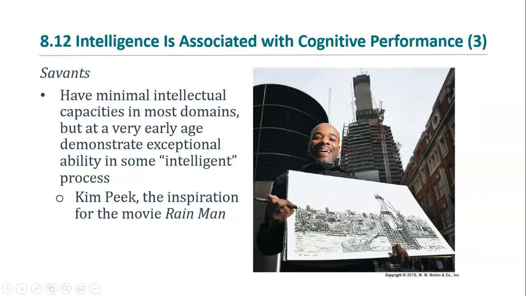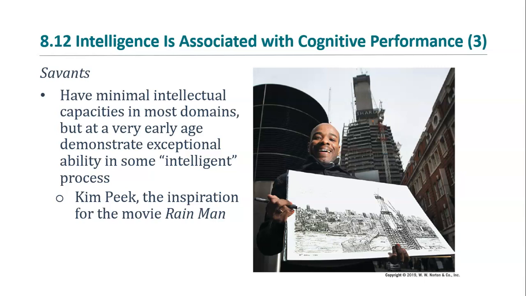There are some people whose overall IQ scores are fairly low, and yet have these, quote, islands of ability, unquote. These are people who can do something incredibly well, that one activity, but have difficulty with other kinds of activities.